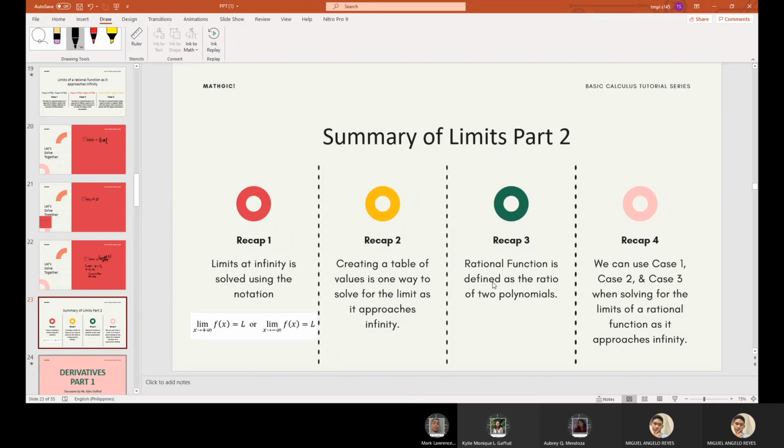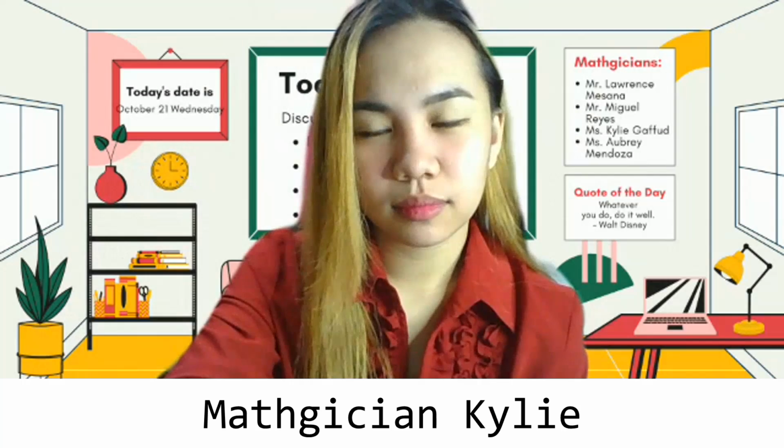And a rational function is defined as the ratio of two polynomials. Then we can use case 1, case 2, and case 3 when solving for the limits of a rational function as it approaches infinity.